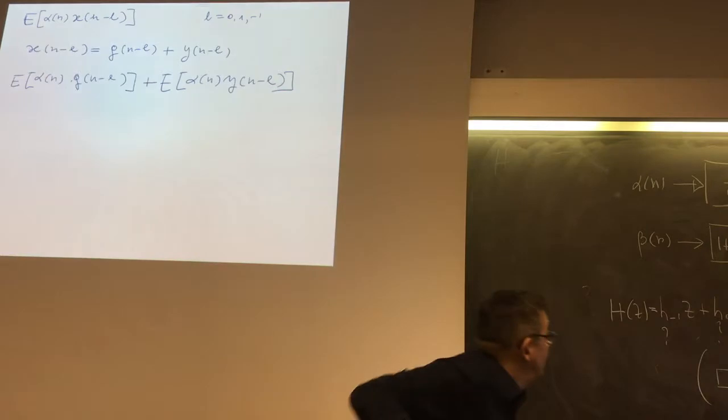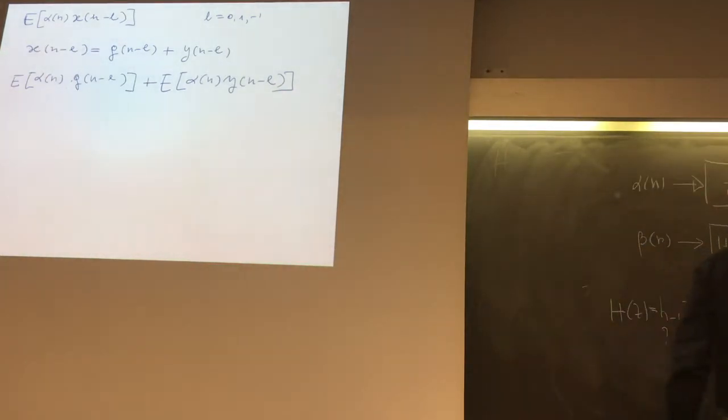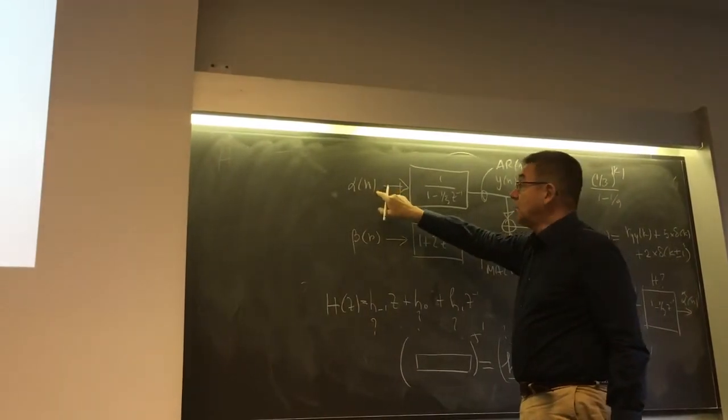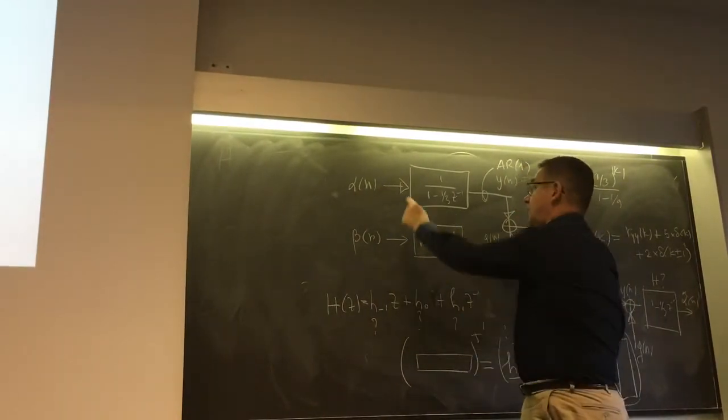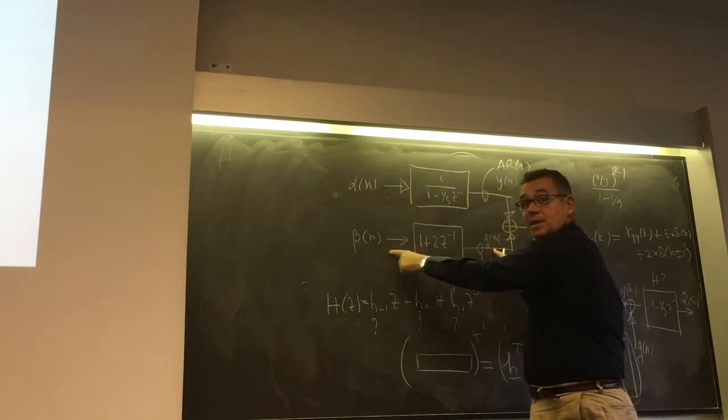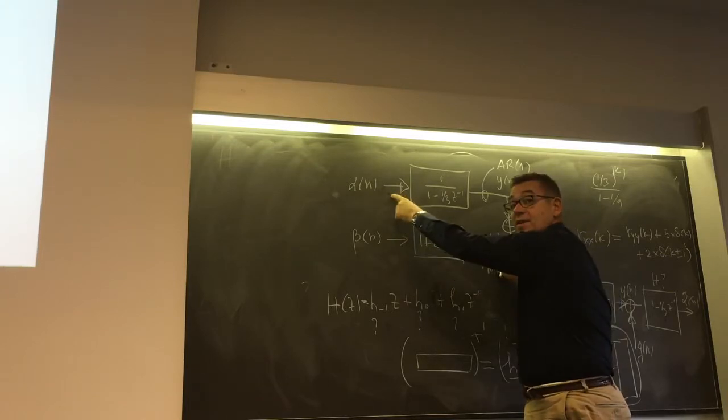Now alpha is here. So I need to calculate the correlation between alpha n and gn. But gn depends on beta, and beta is statistically dependent from alpha.